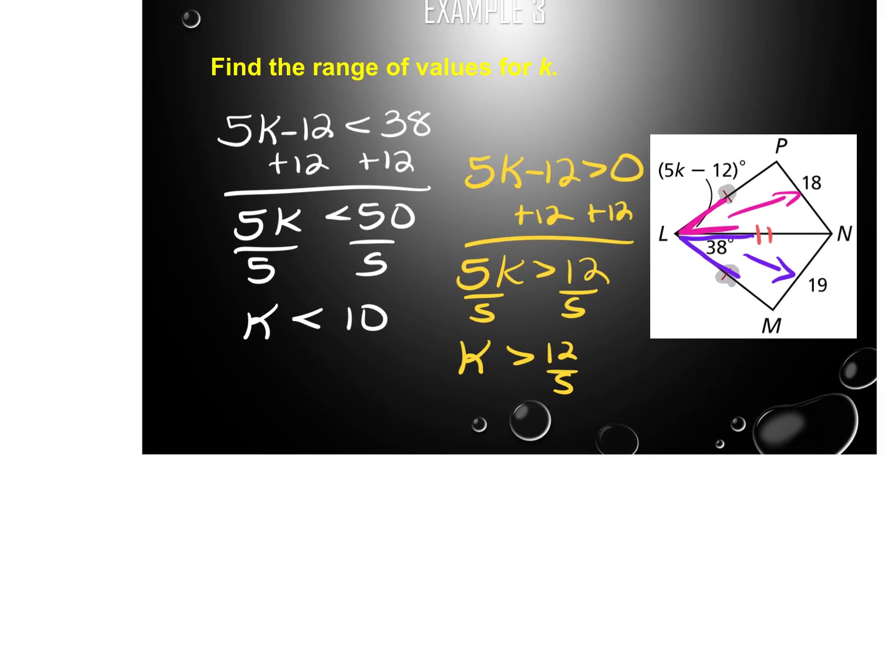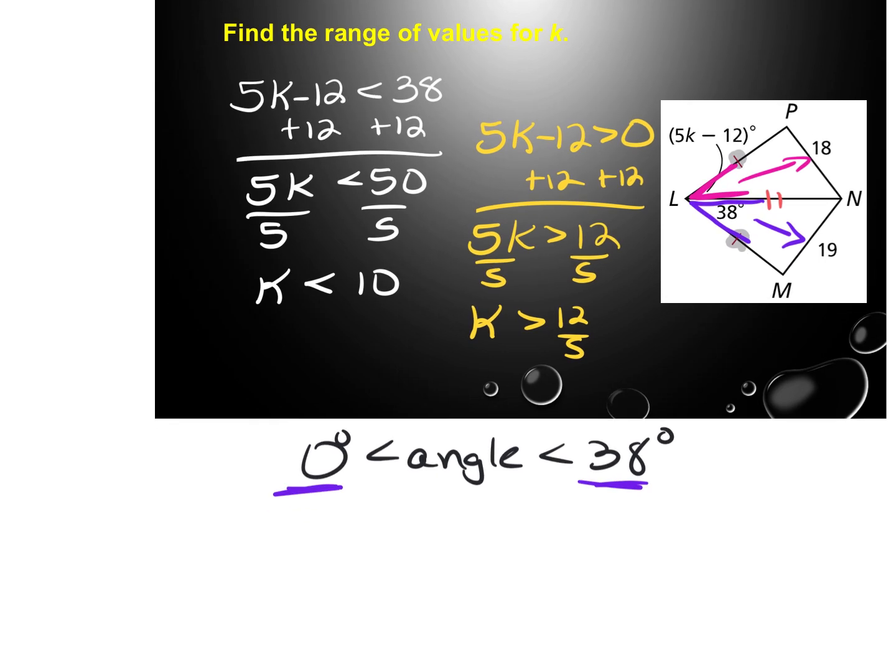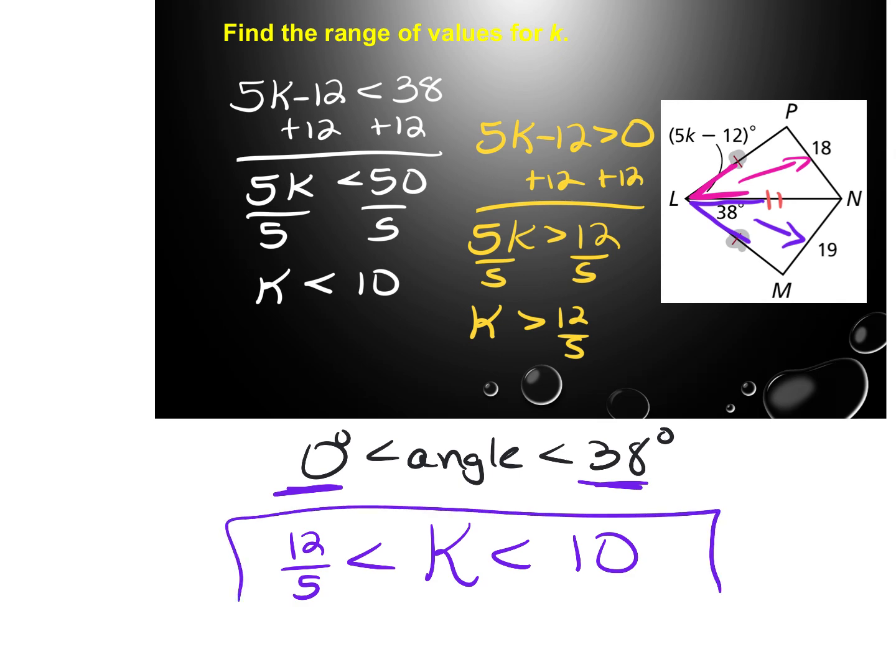So my range of values, because again, remember, the angle measure has got to be in between 0 degrees and 38 degrees. So this is why I set my two inequalities with the 0 and the 38. So now my k value has got to be greater than 12 over 5, but less than 10. And this is the answer it was looking for.